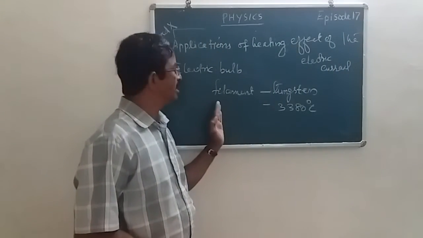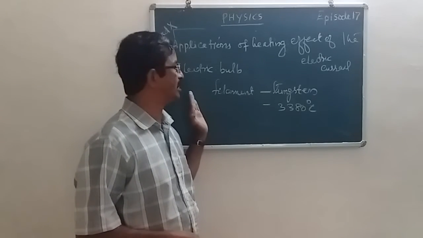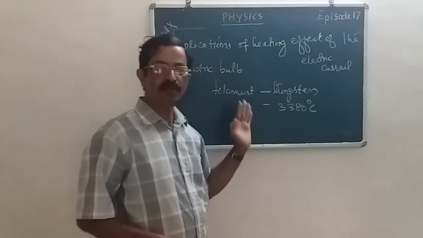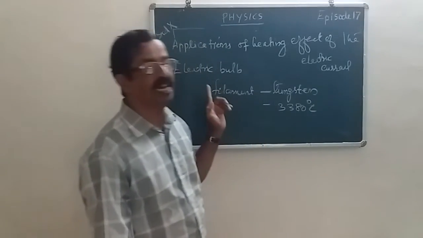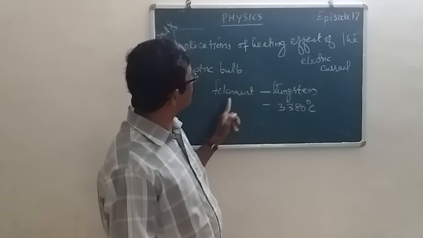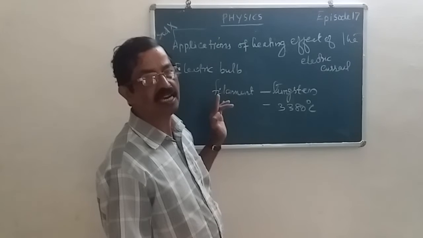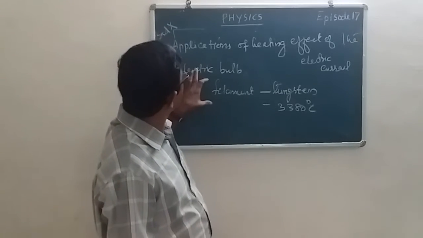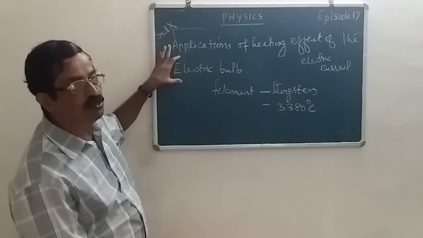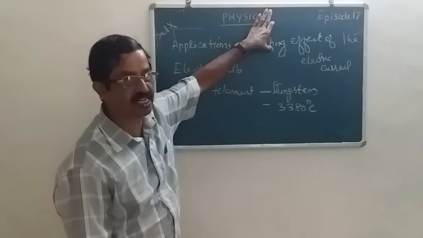From there, a small part of electric energy we get as light. Nearly 60% of electrical energy supplied becomes heat, and only somewhat 40% we get as light. See, in an electric bulb also we make use of the heating effect of electric current.